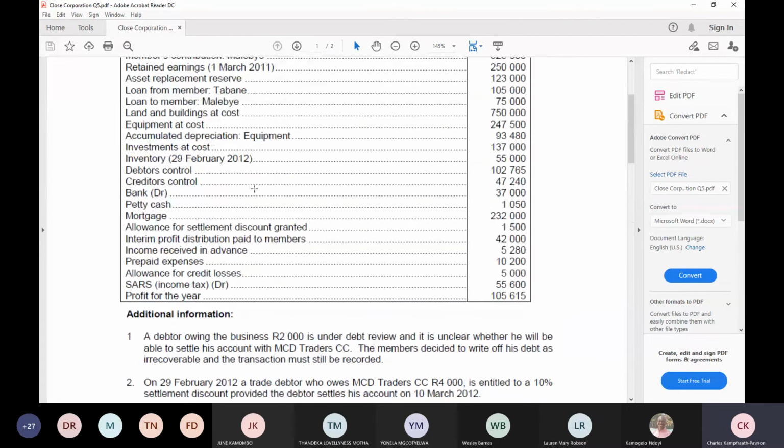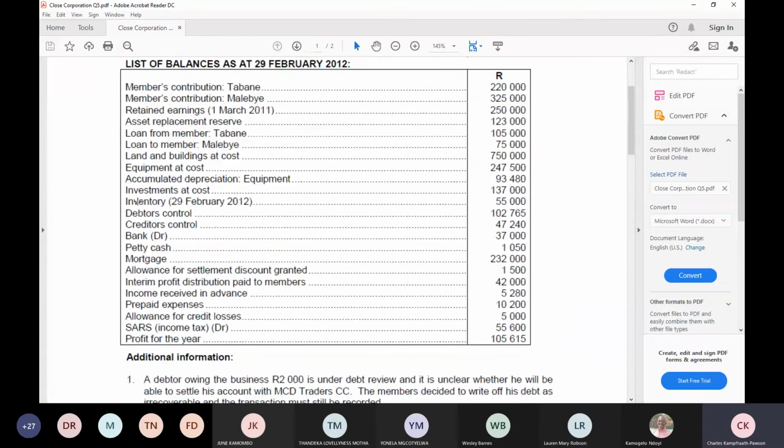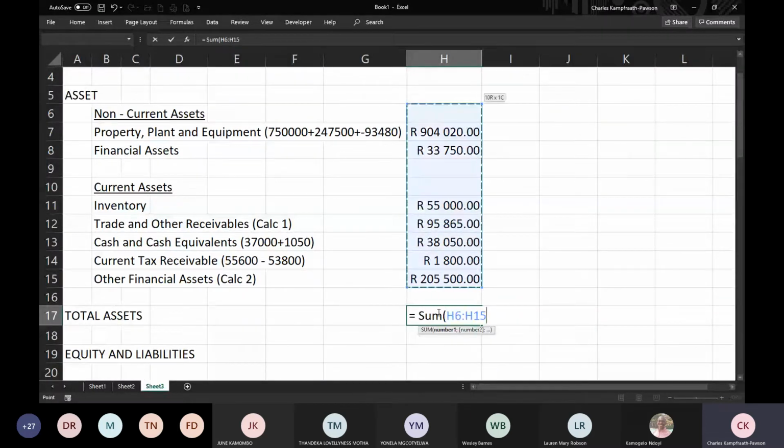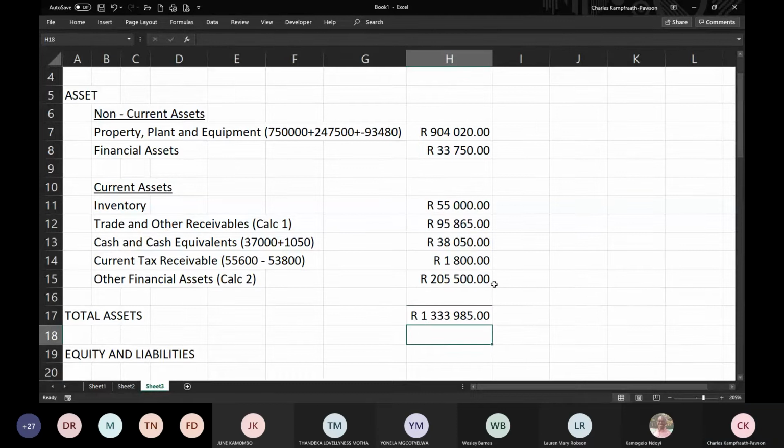And I think then we've taken into account all the assets. So my total asset value is 133,985, unless I've missed something.